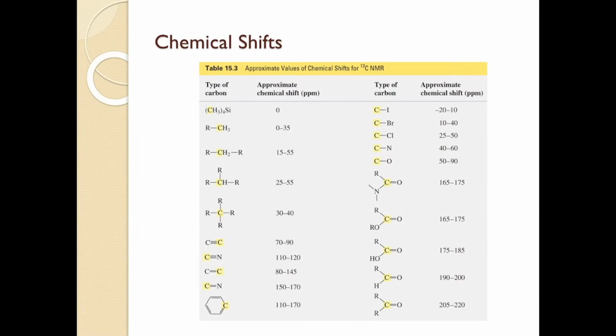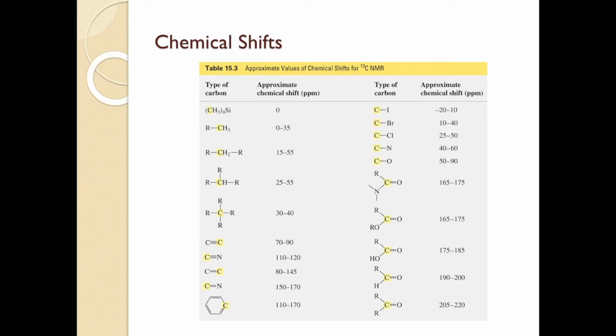Here are the chemical shifts for the different types of carbons. The methyl carbons come somewhere between 0 and 35. If there is a triple bond, it comes somewhere between 70 and 90. All the aromatic carbons come between 110 and 170.